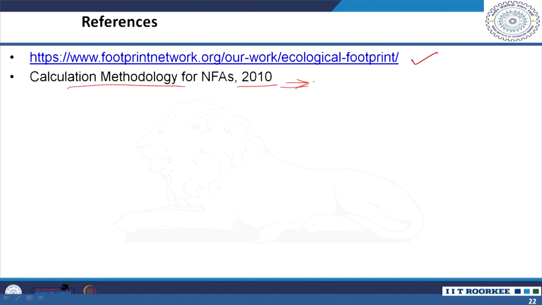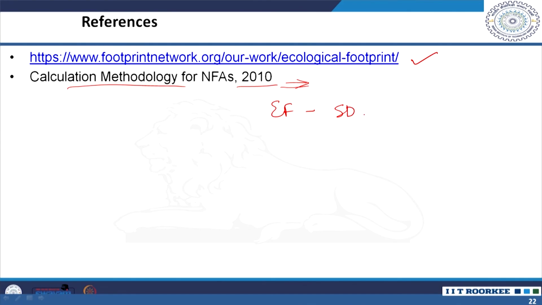It very simply explains what kind of methodology we apply for calculating the ecological footprint data for the nations and across the nations of the world. That is how we have completed the 2 indicators that explain sustainability.